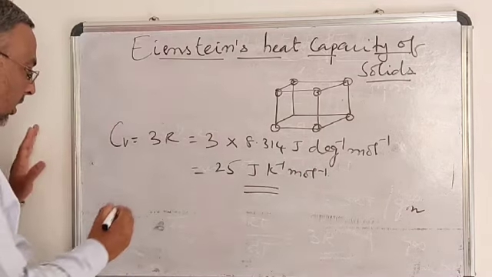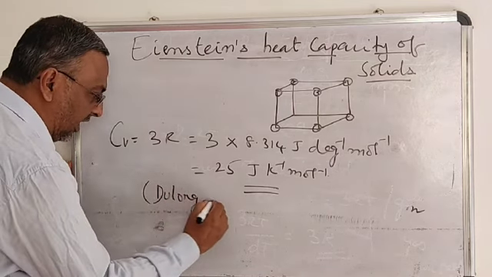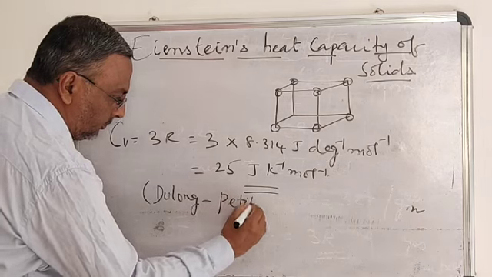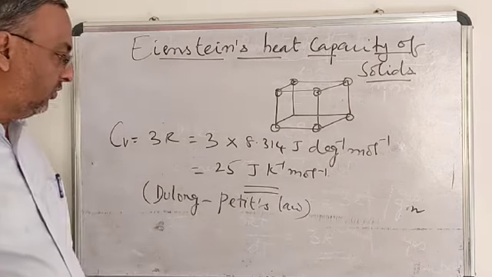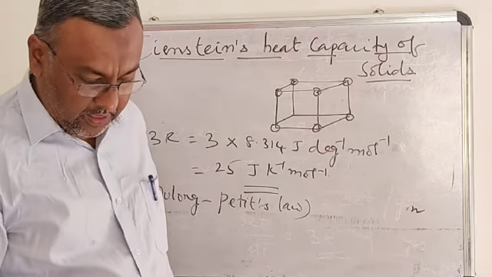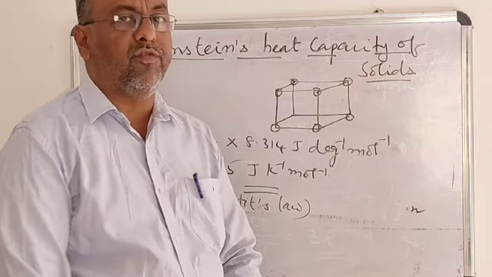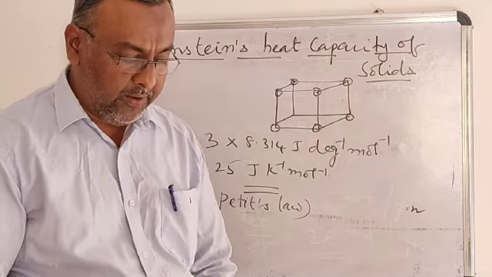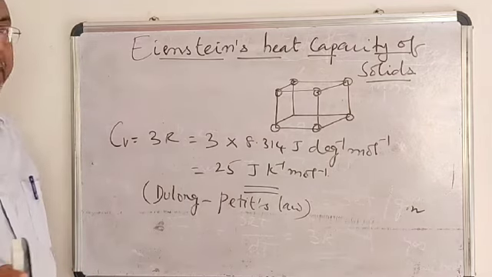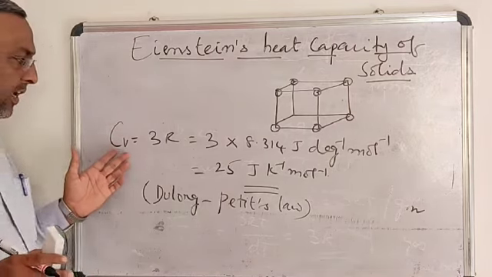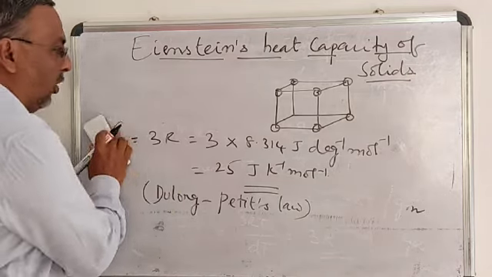See, this is the basic principle of Dulong-Petit's law, and this law is not applicable for all the metals. There are some metals which obey Dulong-Petit's law, whose heat capacity of solids is almost equal to 25 joules per Kelvin per mole.